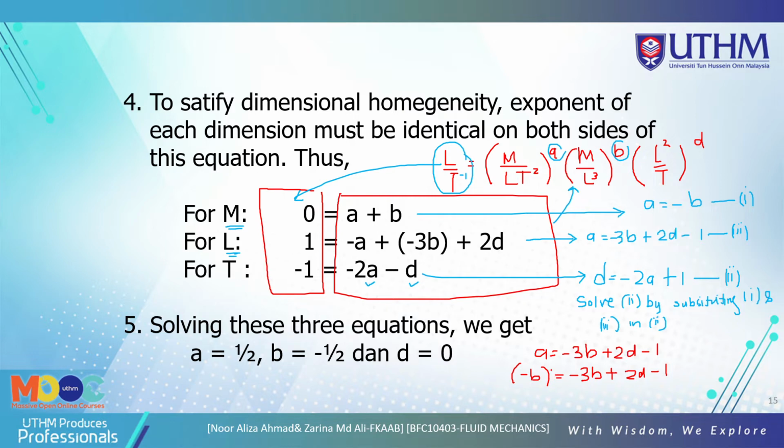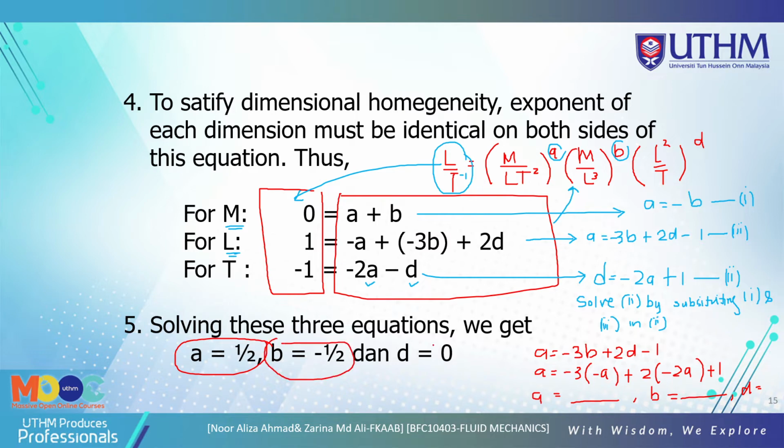So we are using the A: negative 3 times the B is negative A, plus 2D is negative 2A plus 1. So you get the value of A, and then you get the B, and then you get the D. So A is 1/2, B is negative 1/2, and D is 0.